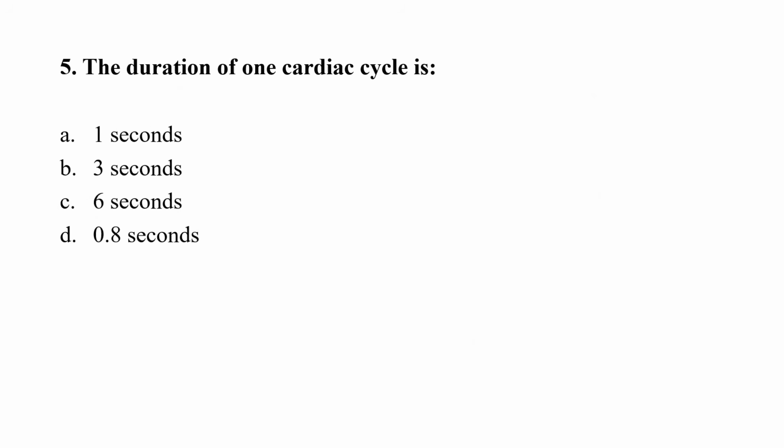Question number 5. The duration of one cardiac cycle is option A, 1 second, option B, 3 seconds, option C, 6 seconds, option D, 0.8 seconds.